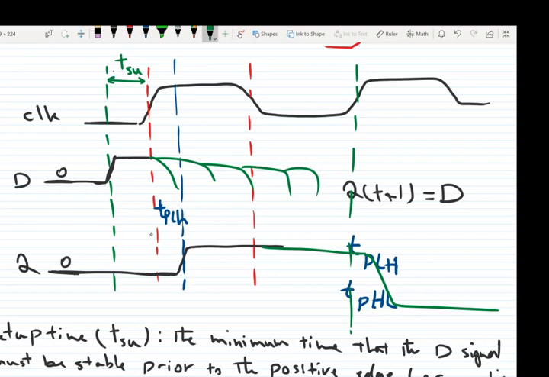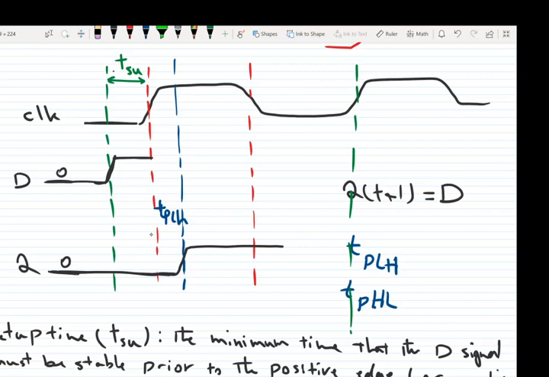That's correct, because the flip-flop changes its state once per clock. But still the question is how soon after the positive edge of the clock we can remove the signal. Here we have something called hold time.